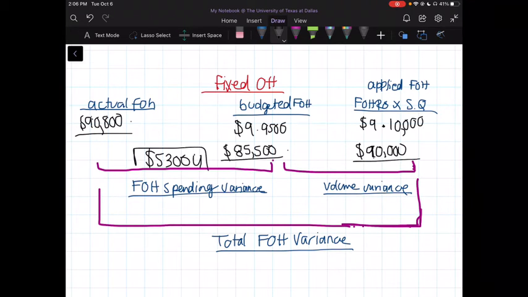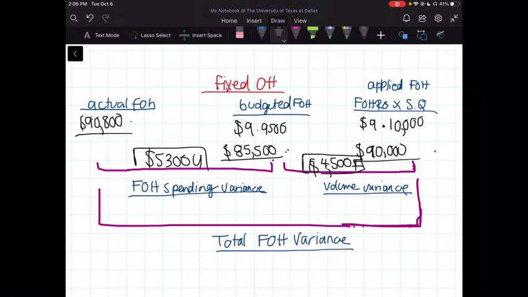Then on this side, we're going to be subtracting our 85,500 from our 90,000, and that gives us 4,500. This is actually going to be favorable since we used a little less than our applied.